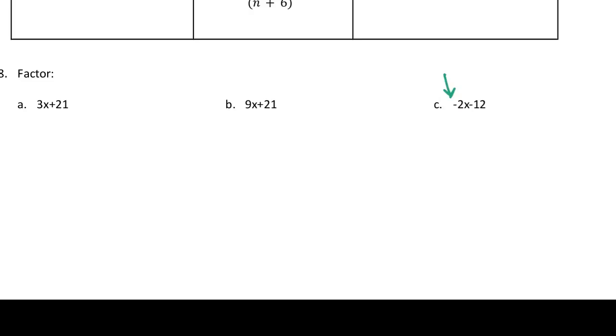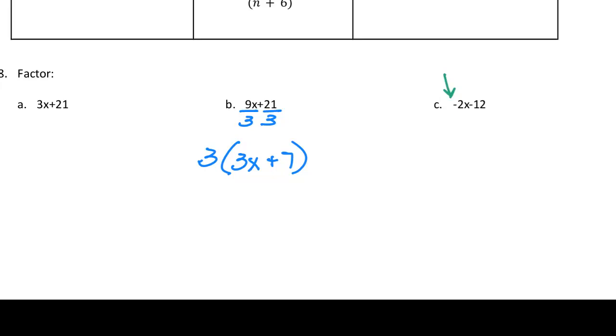Yes, right. I saw a lot of people at first kind of doing this, and if it's a factor, it has to go in there evenly. So we can't have any halves or 0.5s. So yes, 9 is not going to be the greatest common factor. It's going to be 3 times 3x plus 7.